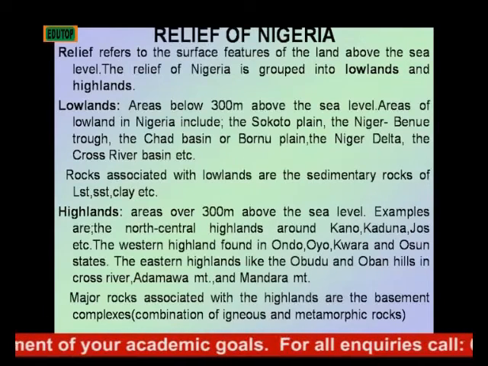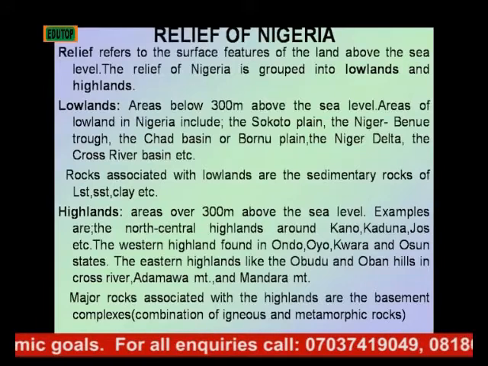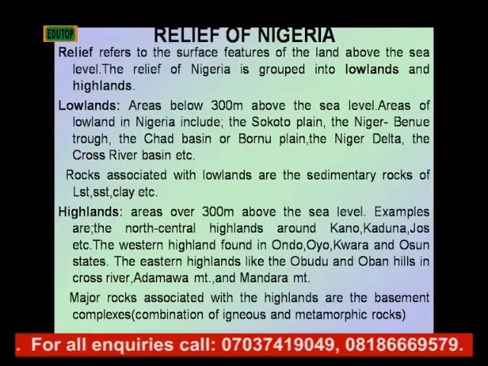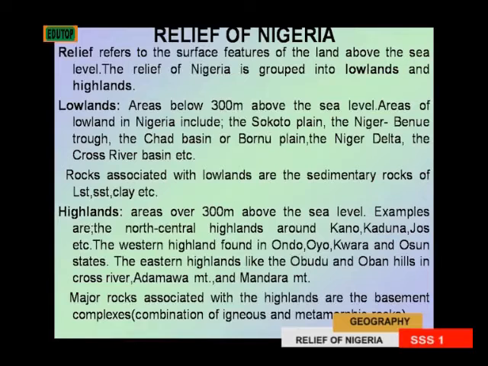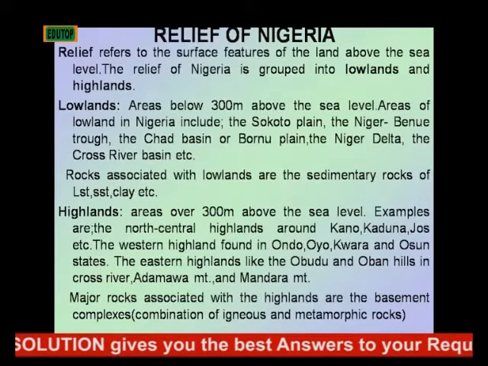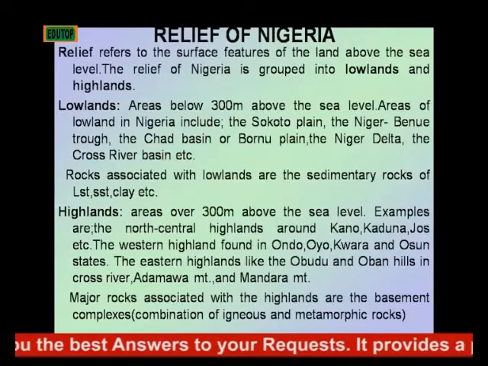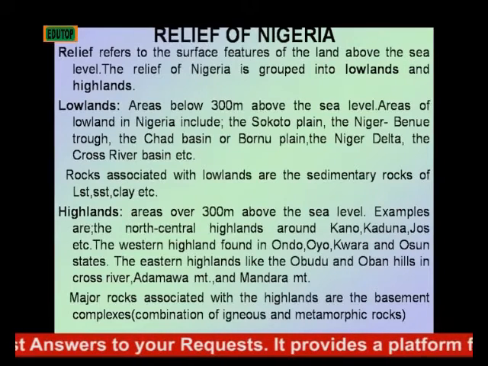Now, highlands. Highlands are areas over 300 meters above the sea level. Examples are the north central highlands around places like Kano, Kaduna, Jos, etc. and the western highlands found in states like Oyo, Kwara, and Osun.